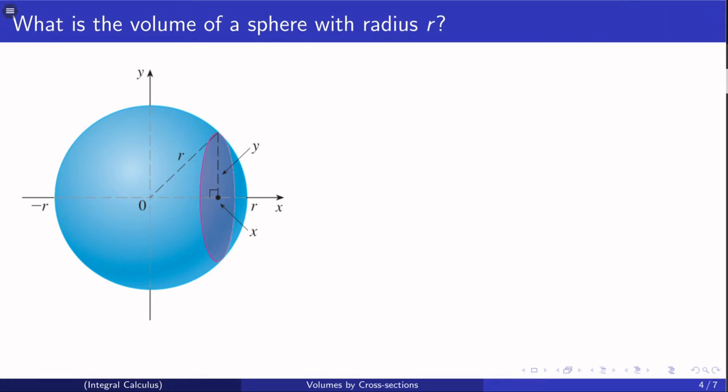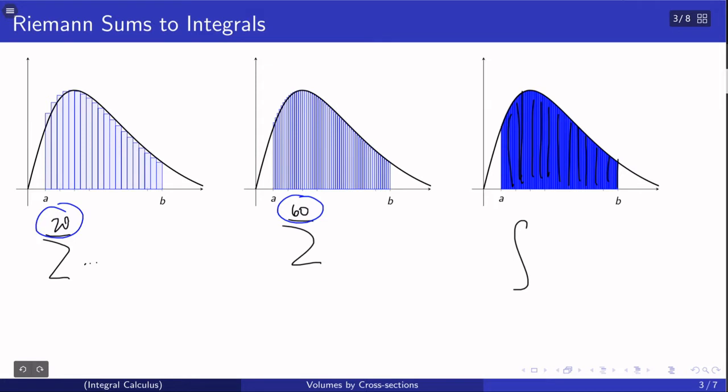So what does that look like for our sphere here? Well, for the Riemann sum approximation for the area, what did the terms look like? Remember the term was the area of the ith rectangle. And the sigma notation says add all of them up from i equals 1 to 20 or i equals 1 to 60 or whatever. To get the area of the rectangle, we just needed to compute width times height, where the width was delta x.